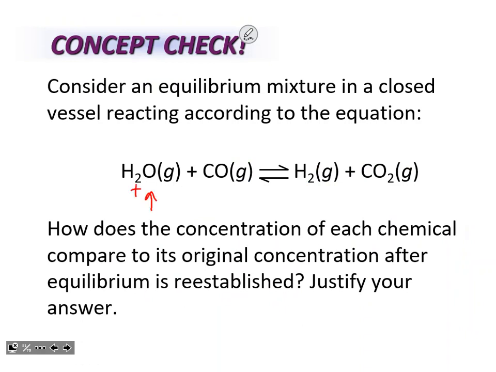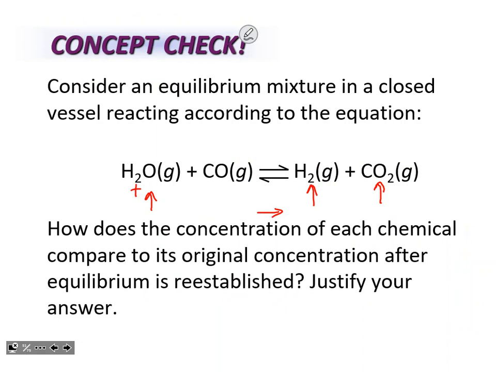So adding this in means it's going to increase in concentration. That's a given. We added more in, so it's increasing in concentration. Which way is the reaction proceeding? Towards the products. So we're making more products, so what should be happening to the products? They should both be increasing in their concentration.